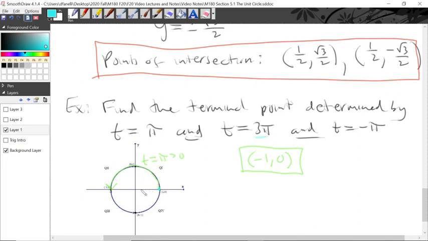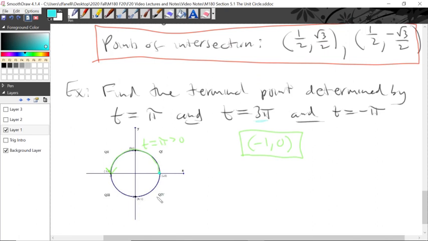Again, a complete rotation is 2 pi in distance, and then we're going to add an additional pi. And we're traveling actually along the rim of the unit circle. I'm going to offset it on the interior of the circle, but really we're traveling along the rim of the unit circle itself.